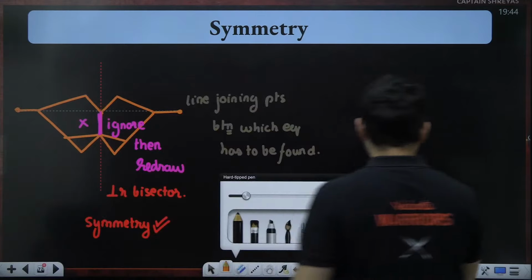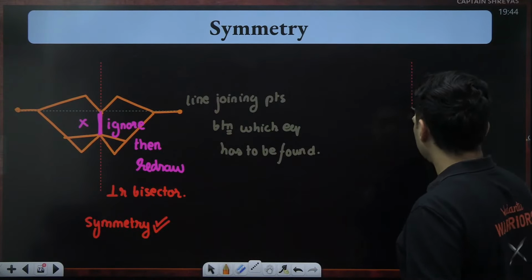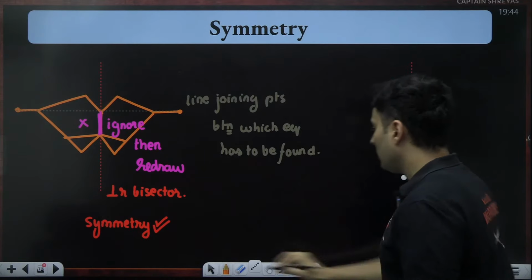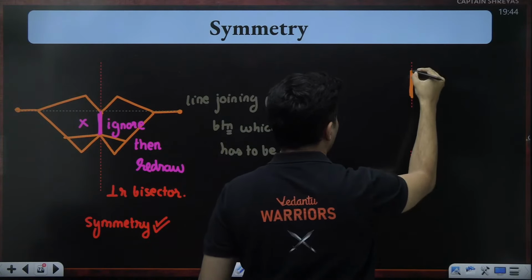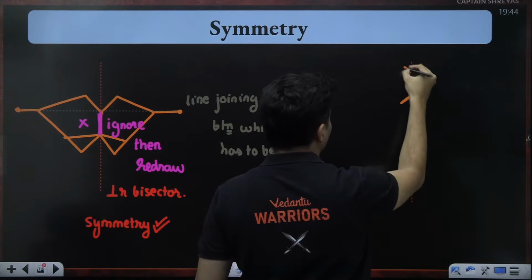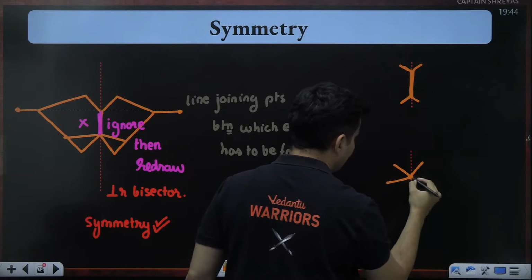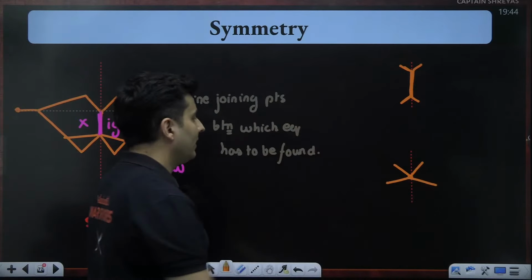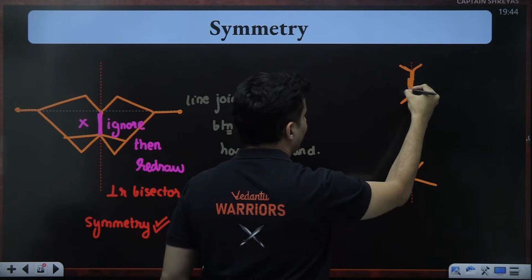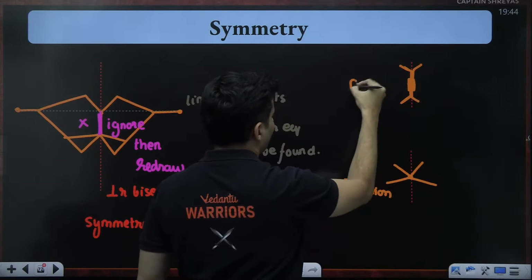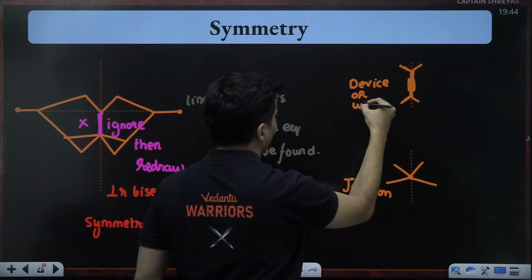Sometimes you will notice that on the line of symmetry you might get some resistor, capacitor, etc., or sometimes you might just get a junction, either like this or like this, or sometimes some kind of device or a wire.